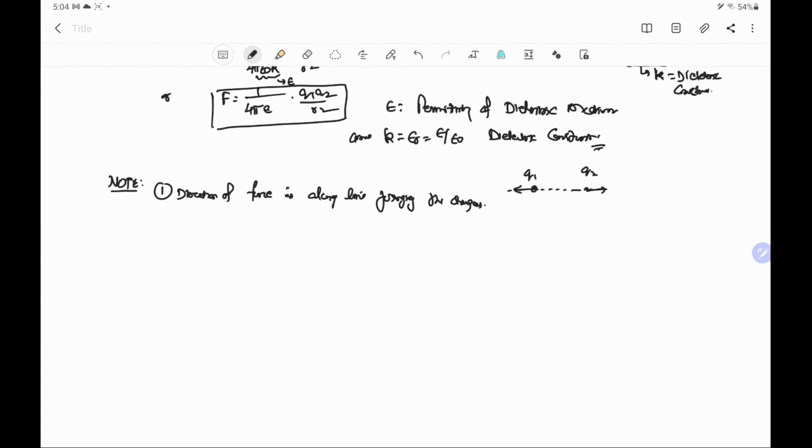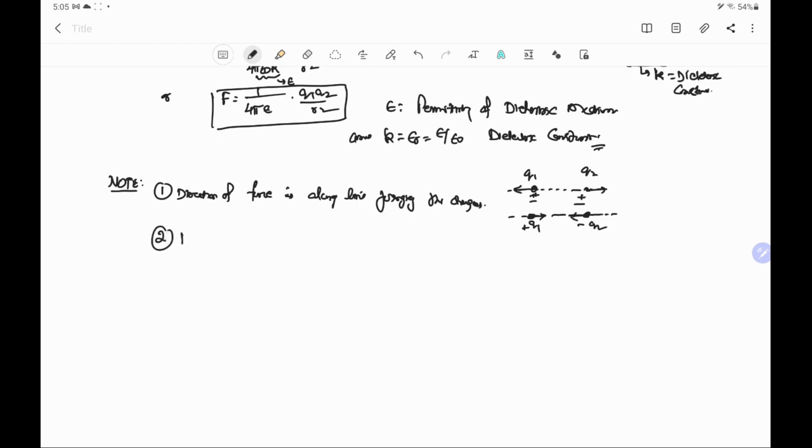The actual direction will depend on the nature of the charges. If both are positive, then the direction will be outward. If both are negative, again the direction will be outward. But if one charge is positive and the other is negative, still they will act along the line joining the charges. Say it is plus Q1 and minus Q2, but now the force will act inward.